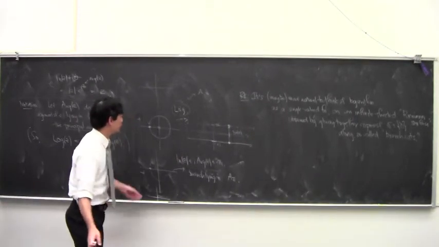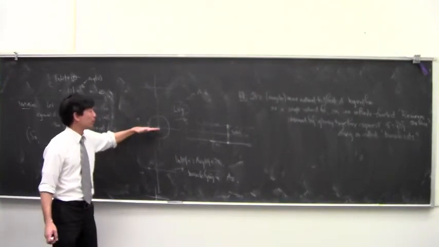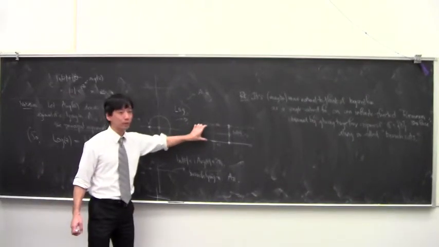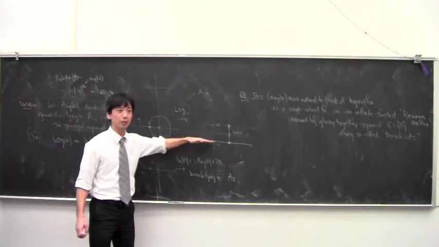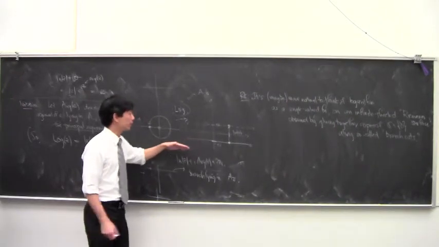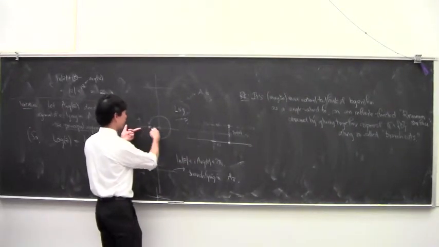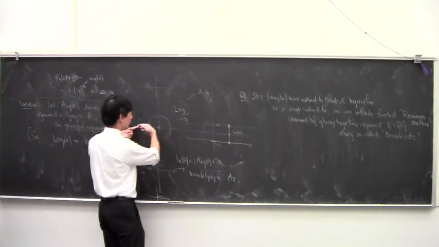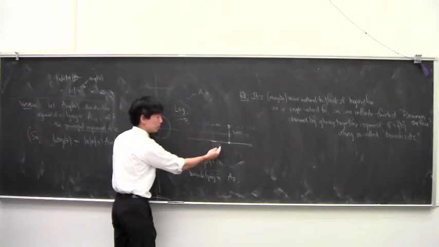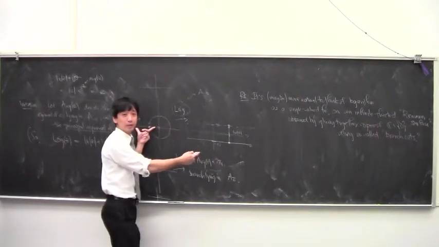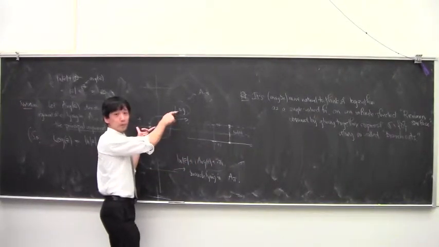And I should probably say that the cut depended on our first choice, on the fact that we're choosing the principal log. The reason why we're using negative pi and positive pi as the thing to cut along is because that's the line of discontinuity for the principal log.